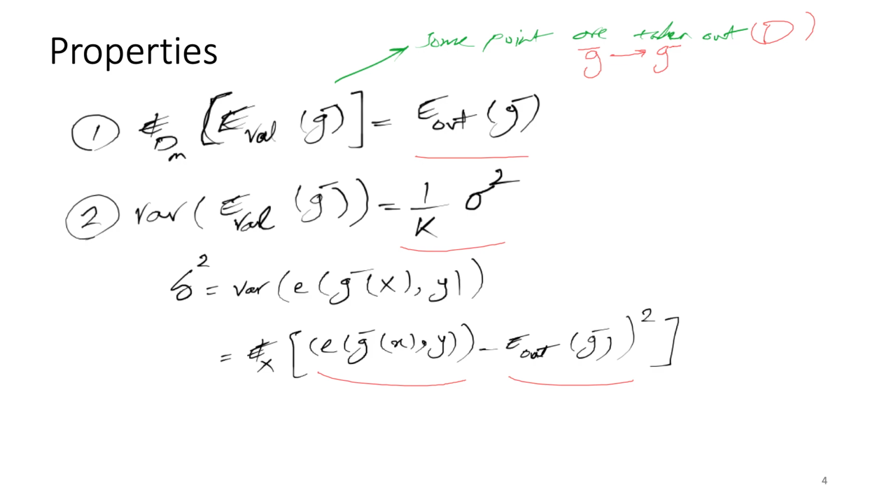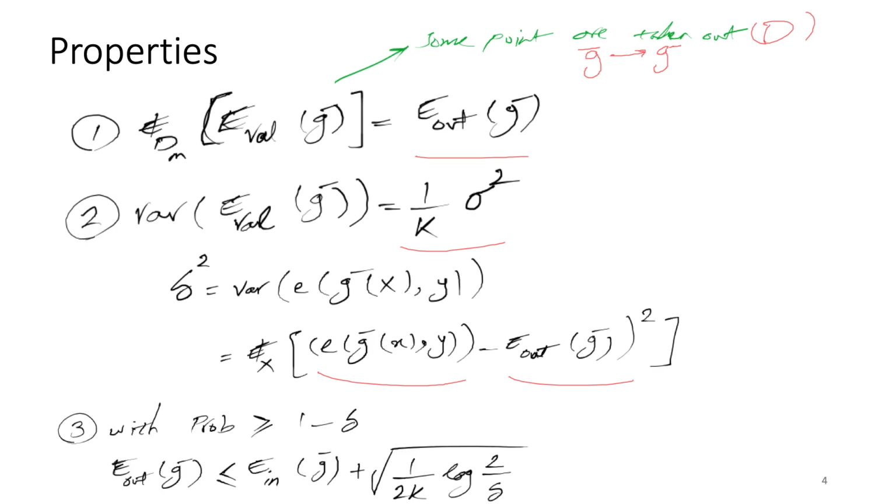And the third one talks about your confidence level. So with probability greater than 1 minus delta, say that your delta was 0.05, thus this becomes more than 95% confidence level. We're going to say that this inequality, which is an expansion of Hoeffding's inequality with union bound, will hold.